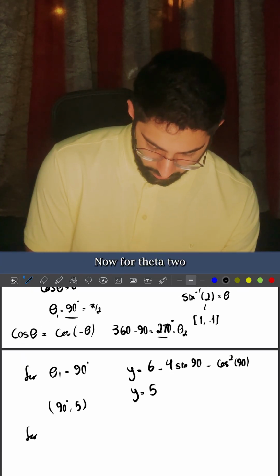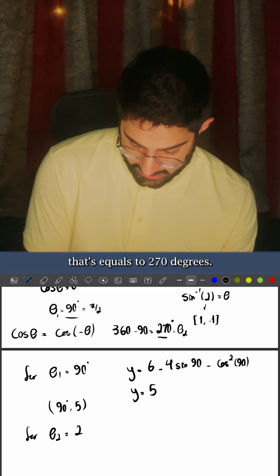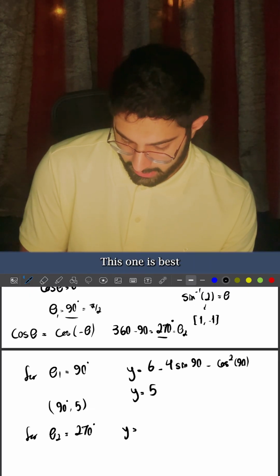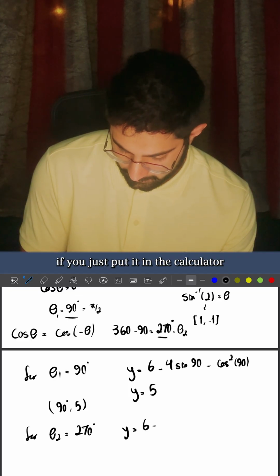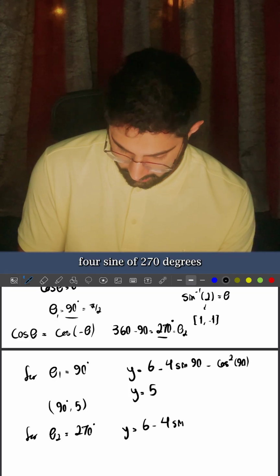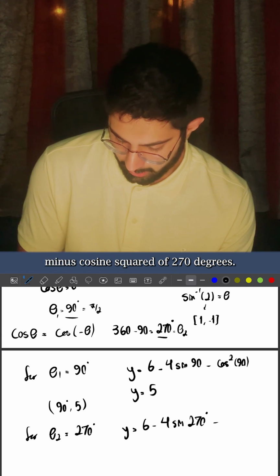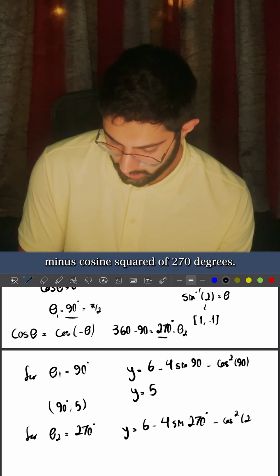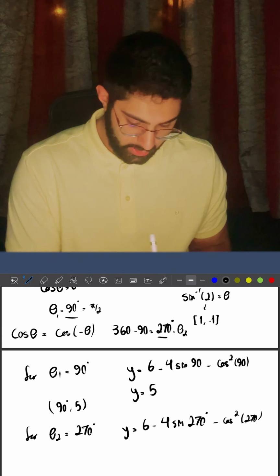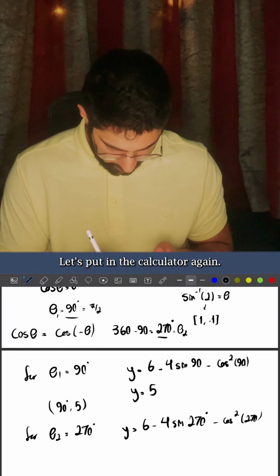Now for theta 2, which equals 270 degrees. This one is best if you just put it in the calculator. 6 minus 4 sine 270 degrees minus cosine squared of 270 degrees. Let's put it in the calculator.